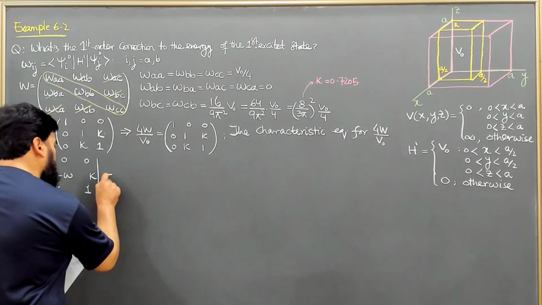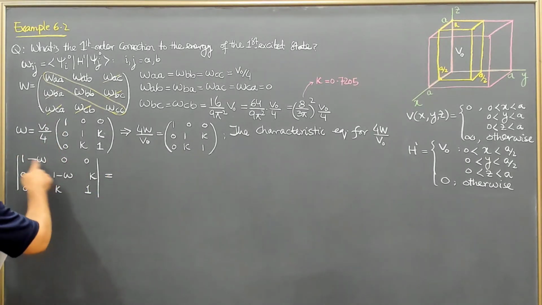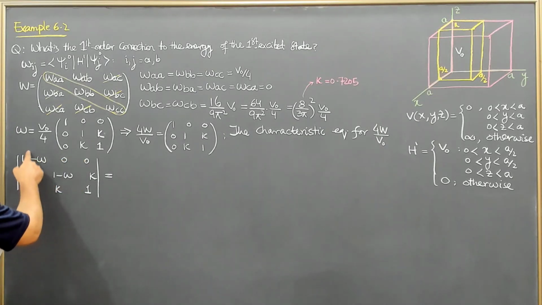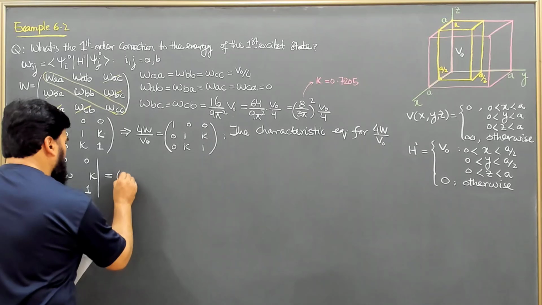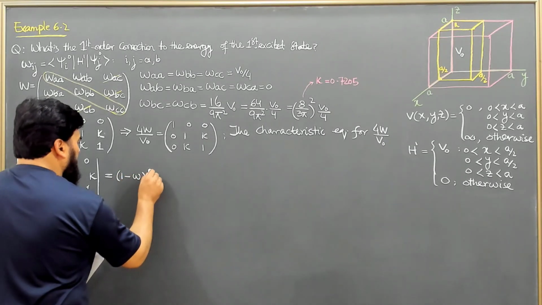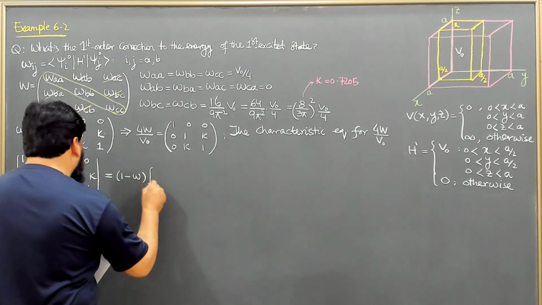So when I expand this determinant, only one term survives here because this is 0, this is 0. So I have 1 minus w into the product of these. So I have 1 minus w, and then these two are being multiplied.